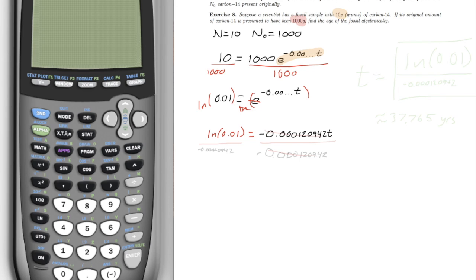And now we've got t out in the real world where it's most useful. If we divide both sides by everything that's not t, namely negative 0.000120942, we'll get t by itself, exactly.